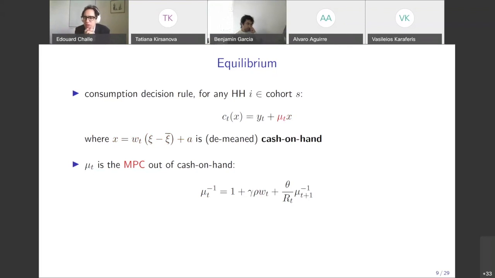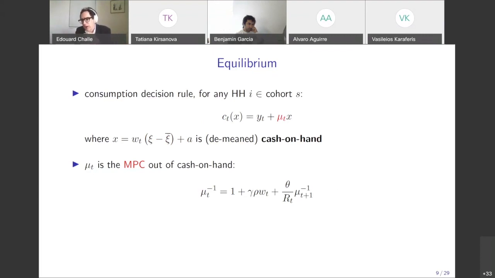If I'm given $1 more, that's going to build up on the right-hand side here. So it's going to increase X, and it's going to increase my consumption by mu t. And the MPC here, we show in the paper, is a forward-looking variable.